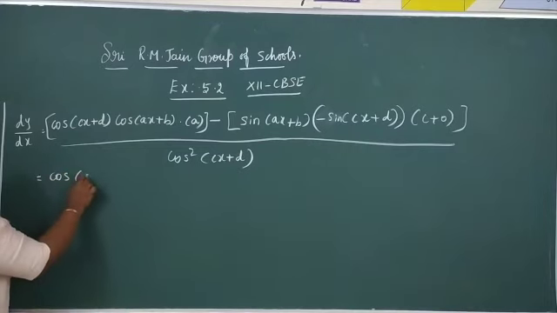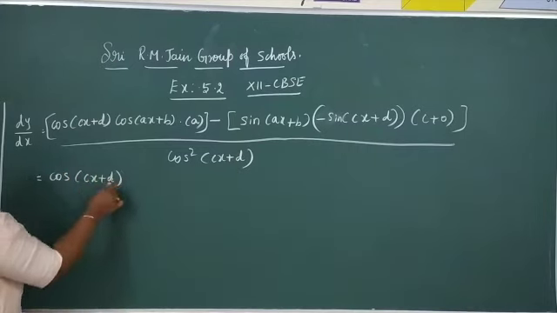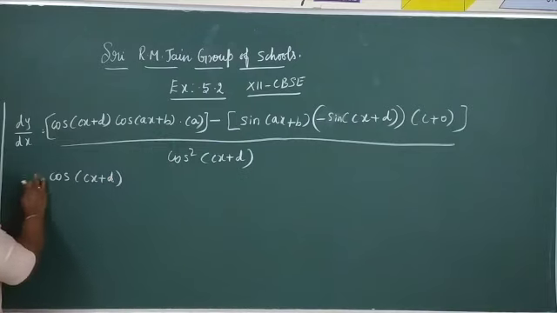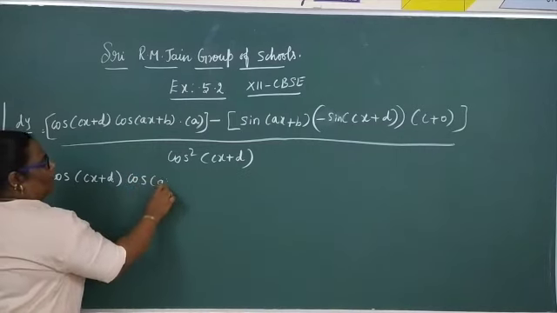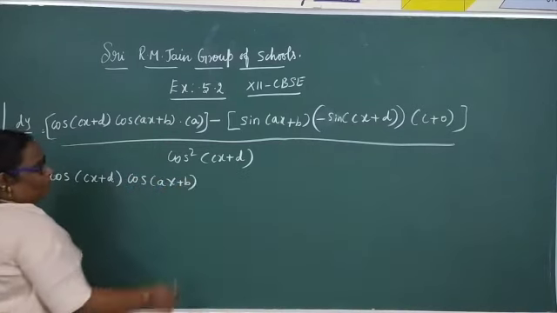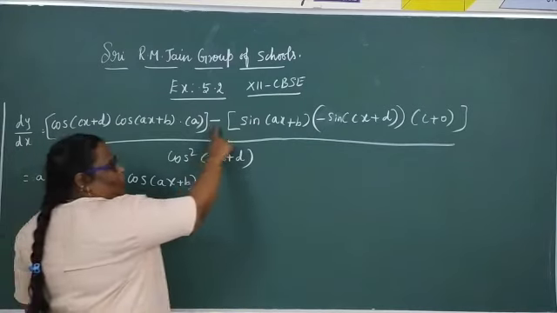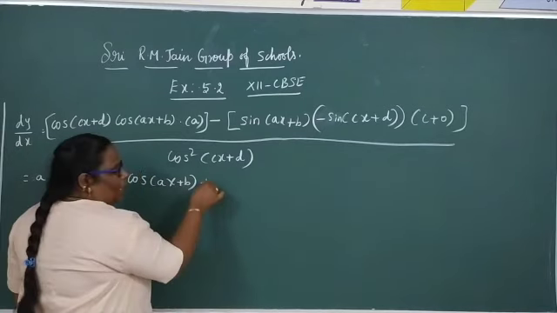See, cos of cx plus d into a, you will write it here: a into cos of cx plus d into cos of ax plus b. Minus into minus becomes plus.